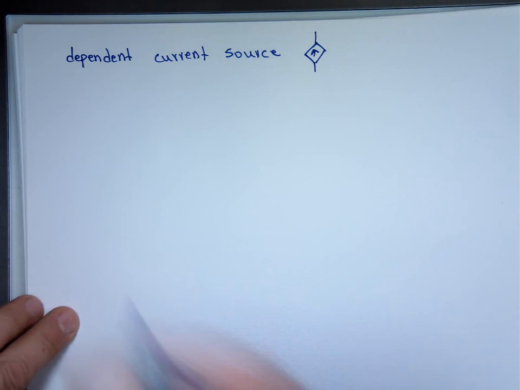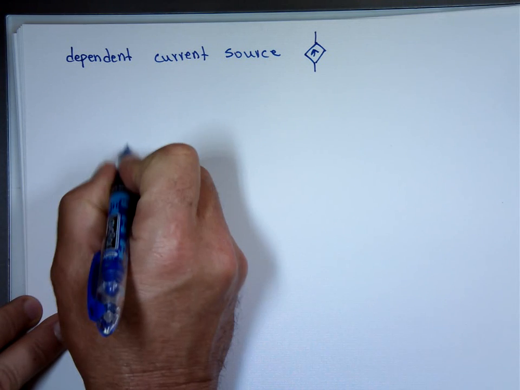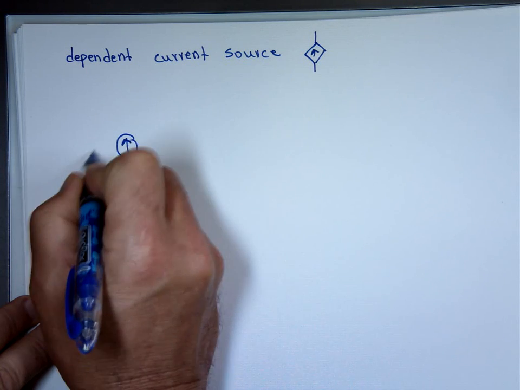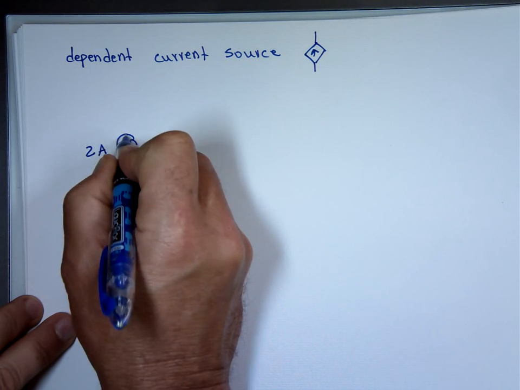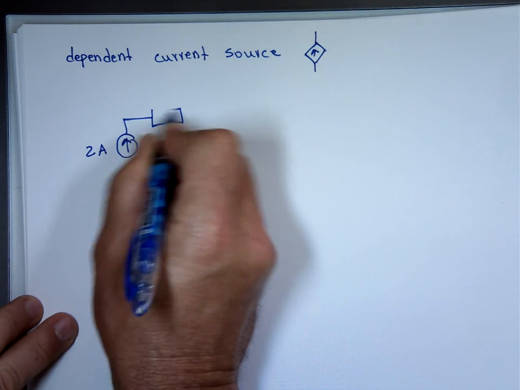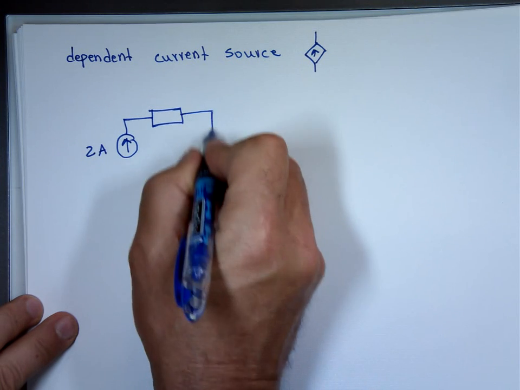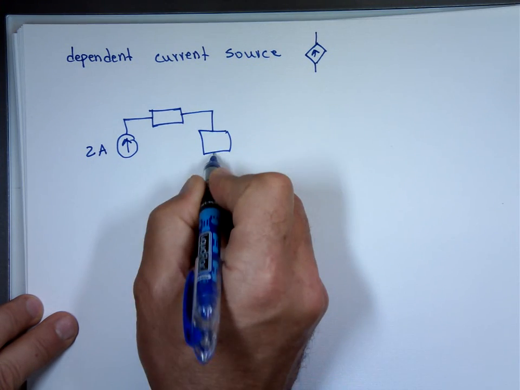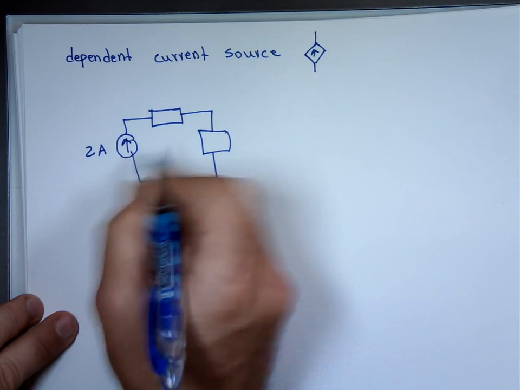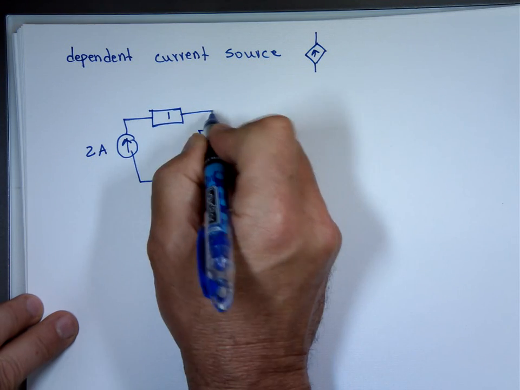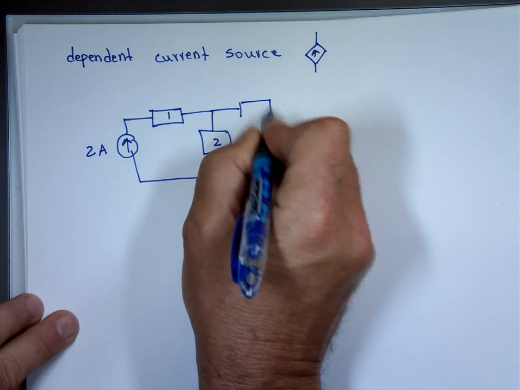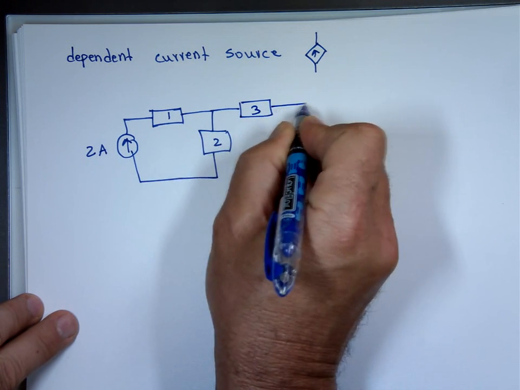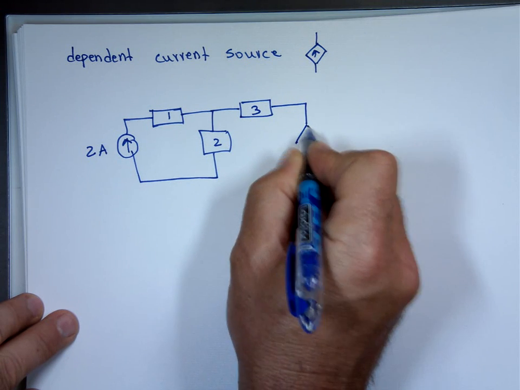So now I might have this circuit. This is an independent source, 2 amps. I'm not telling you what this element is. I have some element here, I have another element here, number 1, number 2. I have another element here, number 3. And I have a dependent current source here.